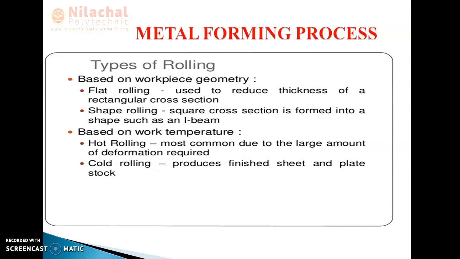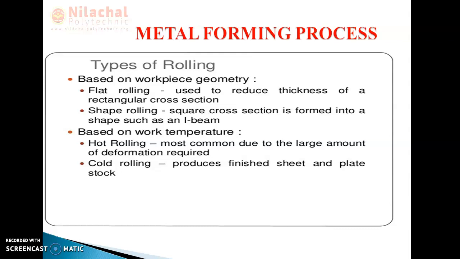Basically, rolling is a useful process for the production of sheet metal and various common sections like railway tracks, channels, angles, etc. Then we go to types of rolling. Based on the workpiece geometry, we have two types.